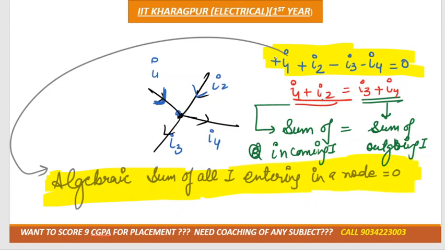It's an algebraic sum because some of the currents are positive and some are negative. So we can write it like this also: algebraic means the summation symbol, the algebraic sum of current is equal to 0. Now we'll need to use this in the numericals when we do Kirchhoff's current law.